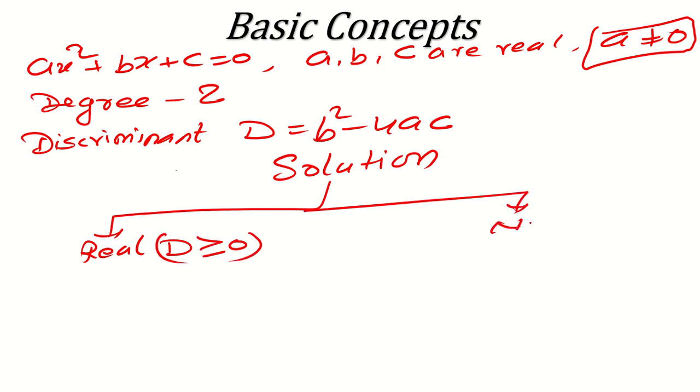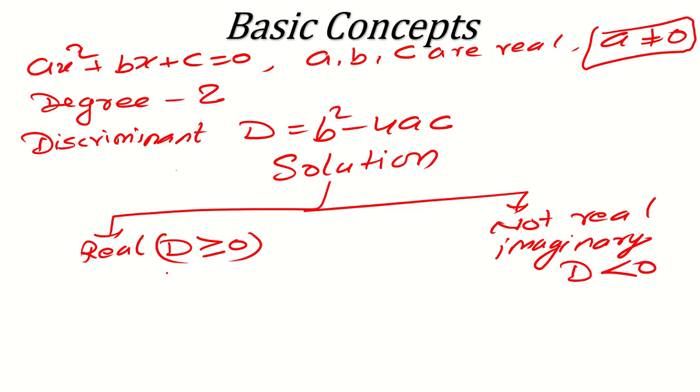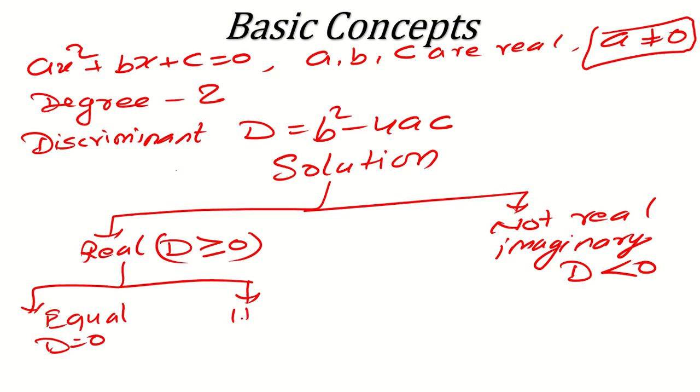It will be not real, or you can say imaginary, if D is smaller than 0, meaning negative. Imaginary numbers you will use mainly in grade 11. Now real is further divided into two categories. One is called equal roots, which is when D is equal to 0, and the other is not equal but real, when D is greater than 0.